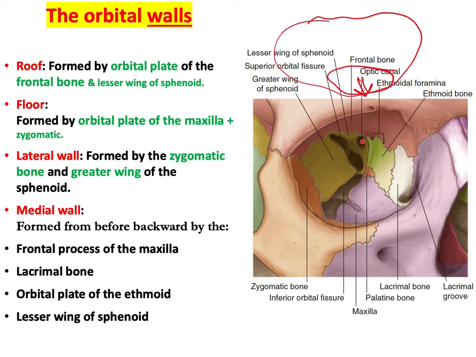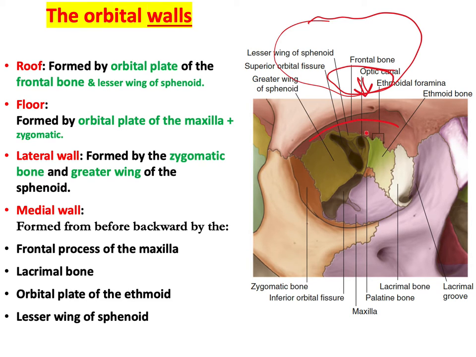In the orbit there is a plate here related to the frontal bone called the orbital plate of the frontal bone. Orbital because it forms the roof of the orbit, something related to the eye. So the roof is formed by the orbital plate of the frontal bone.